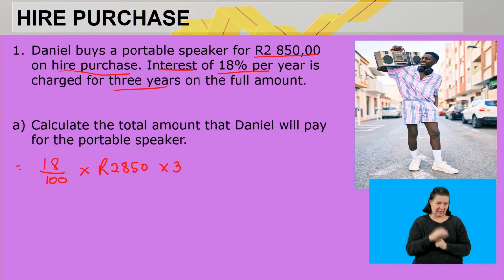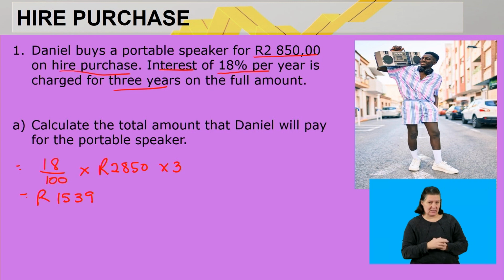Let's do that calculation: 18 divided by 100 multiplied by 2,850 multiplied by 3. That gives us 1,539 Rand. But remember, this is only the interest.